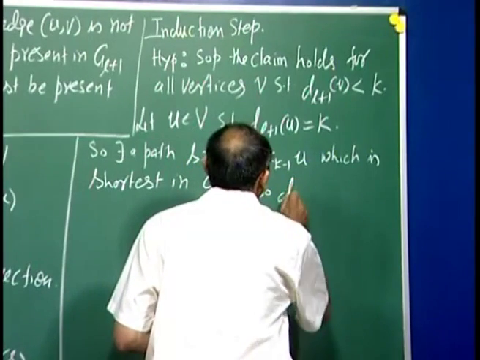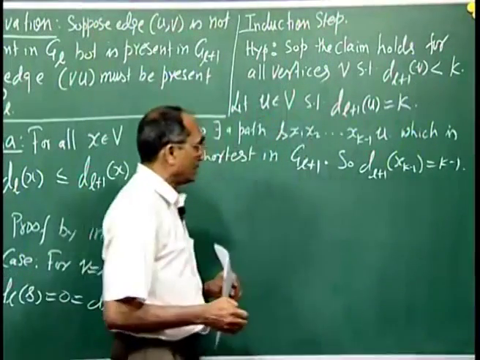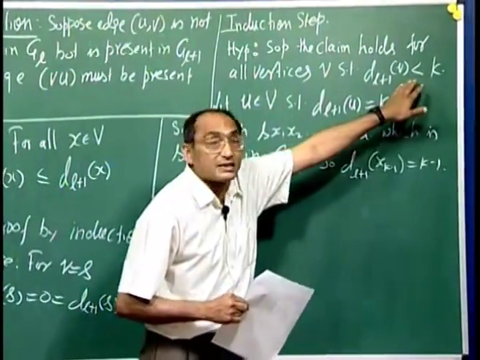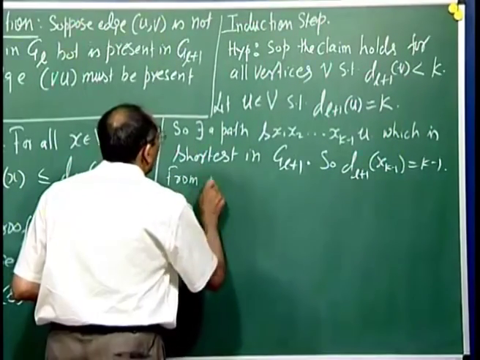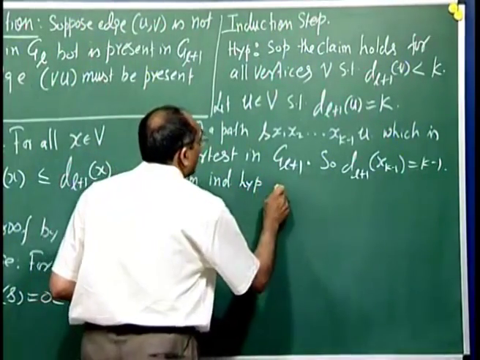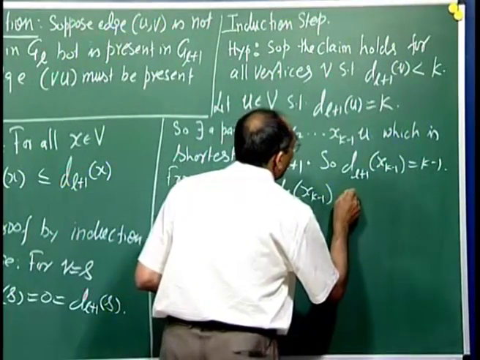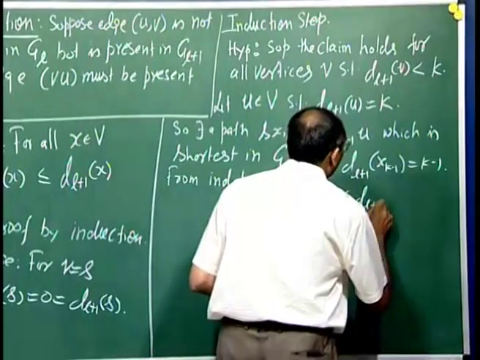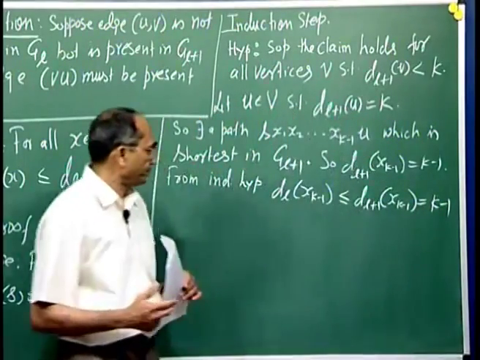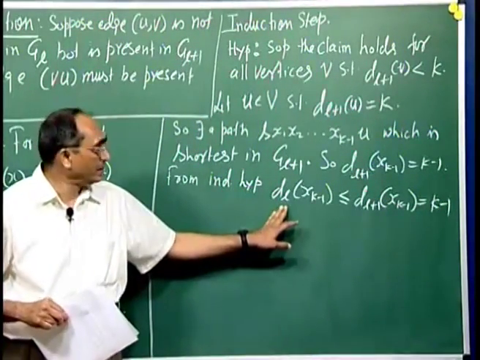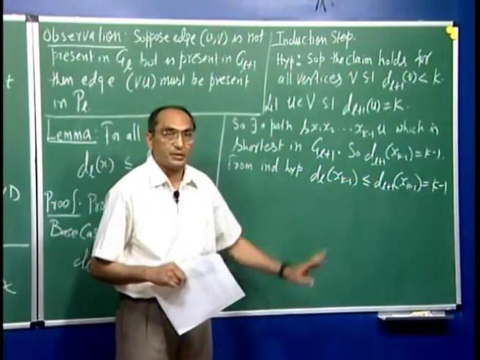So dl plus 1 of x k minus 1 is k minus 1. But this qualifies under this condition. Hence, from the induction hypothesis, dl of x k minus 1 is less than or equal to dl plus 1 of x k minus 1, which is equal to k minus 1. So in graph GL also, the distance of x k minus 1 from S is less than or equal to k minus 1.